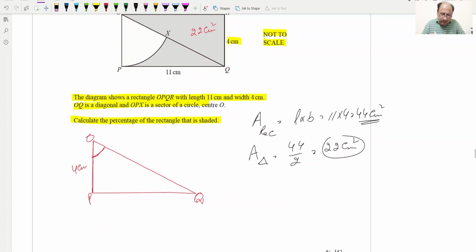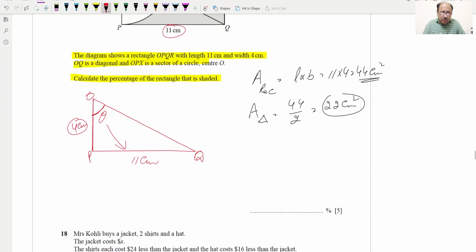So this side is 11 centimeters, and this side was 4 centimeters. And now this is our theta, so opposite will be this one and adjacent will be 4, so we can take opposite over adjacent, which is tan theta.